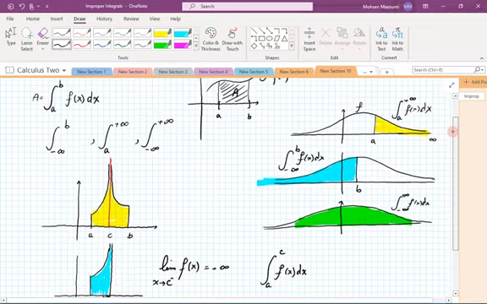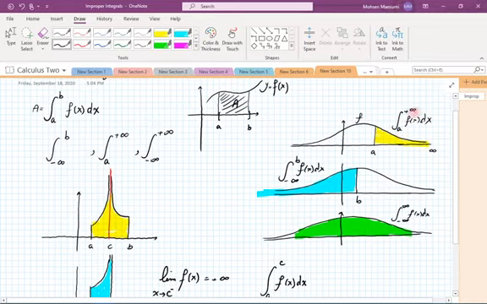What we mean is, stop at some temporary location, call this temporary location B, find the area up to that, so find this area, and then start pushing B toward the right. As you go one step and another step and another step, in each case figure out what the area is going to be and find the limit of that as b goes to infinity. So that is the definition.